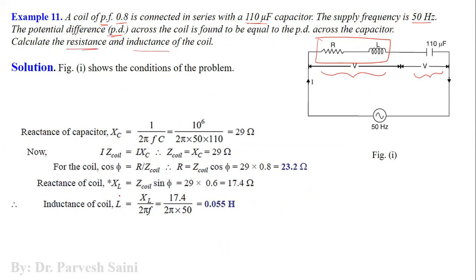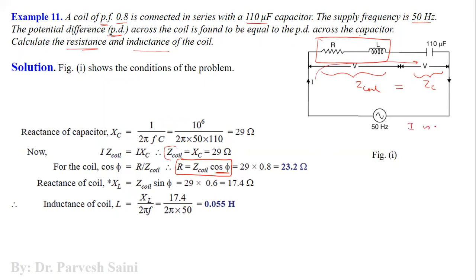Now, resistance R can be calculated by using this particular formula which is given here. So cosine phi is already given, which is 0.8. We need to find out the impedance of the coil. So impedance of the coil will be, because we know that the potential drop across these two is same, the impedance of this coil and impedance of this will be same, because the same current is flowing through these things.